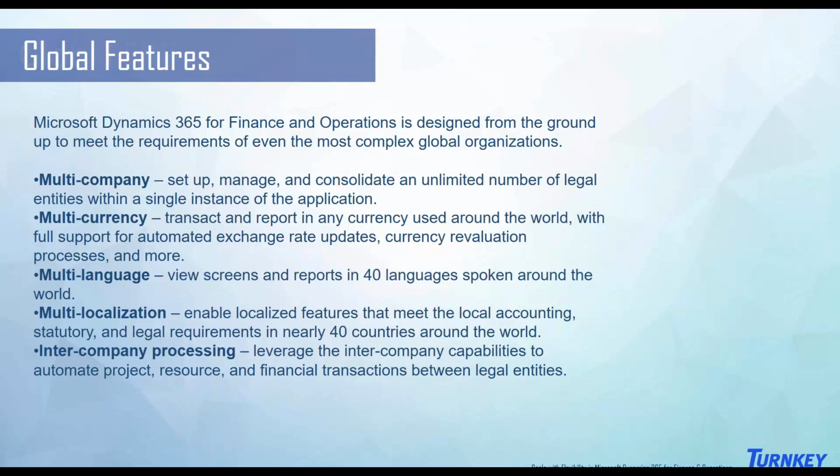Finance and operations allows you to have vendors and customers flow between both organizations. So if you have some customers and vendors that are specific to a legal organization, you can specify that, but you can also easily update and maintain records to flow between all organizations if you need to.